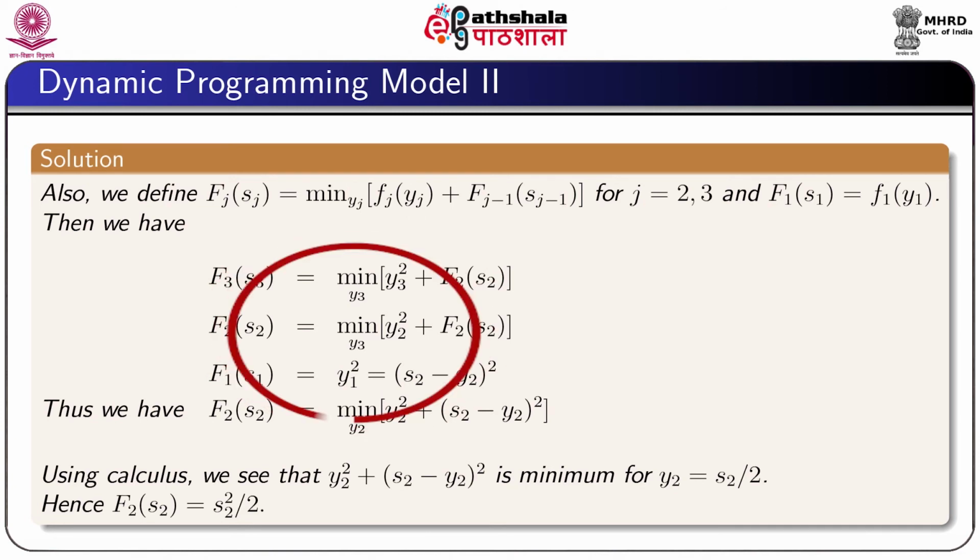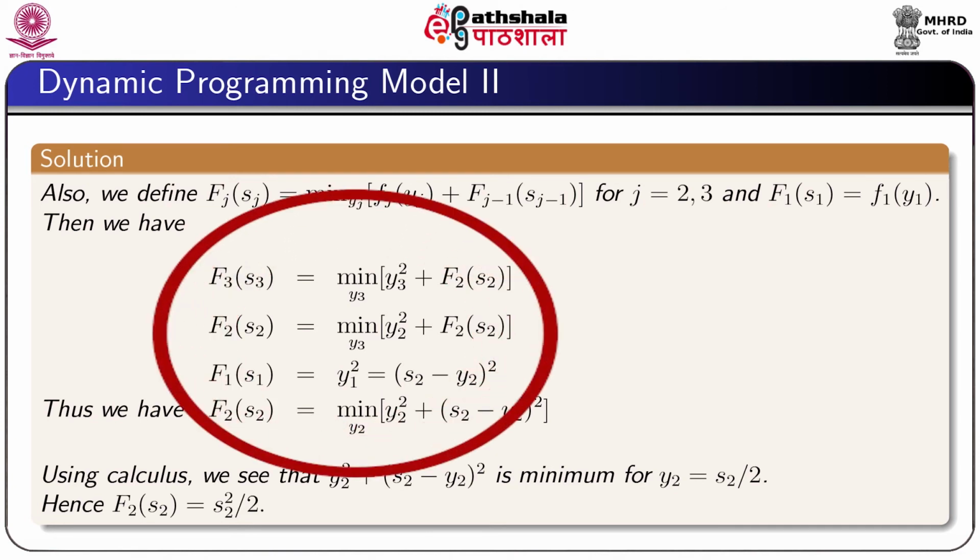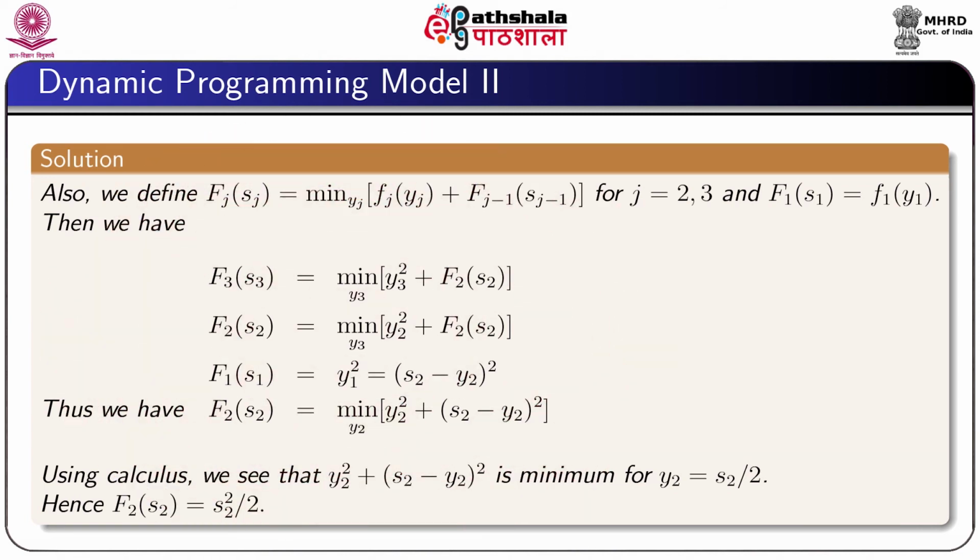With this definition, we get F3(s3) equal to the minimum of y3 square plus capital F2(s2), where the minimum is taken over y3, capital F2(s2) equal to the minimum of y2 square plus capital F1(s1), where the minimum is taken over y2, and finally capital F1(s1) equal to y1 square, which is equal to (s2 minus y2) whole square.